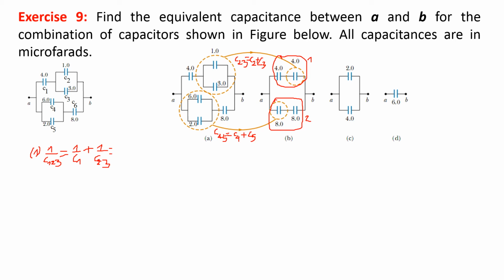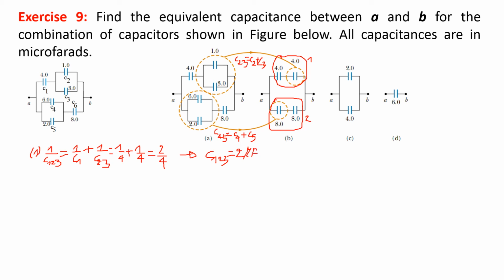Then this is equal to 1 over 4 microfarad plus 1 over 4 microfarad, which is equal to 2 over 4. Then the inverse of 2 over 4 becomes 2. This gives that the equivalent capacitance of capacitors 1, 2 and 3 is equal to 2 microfarad.